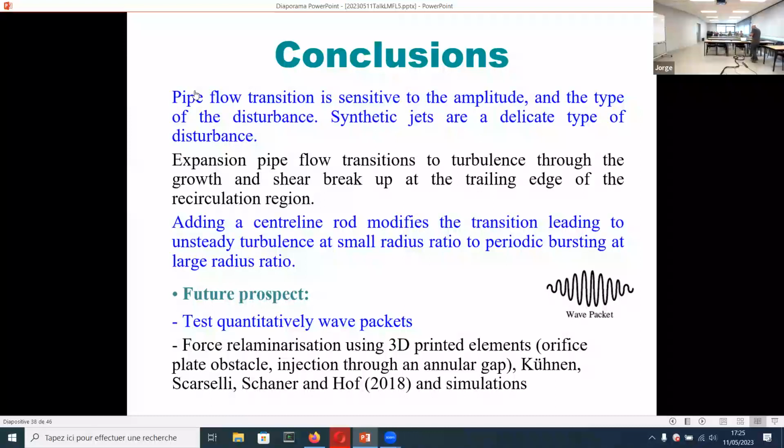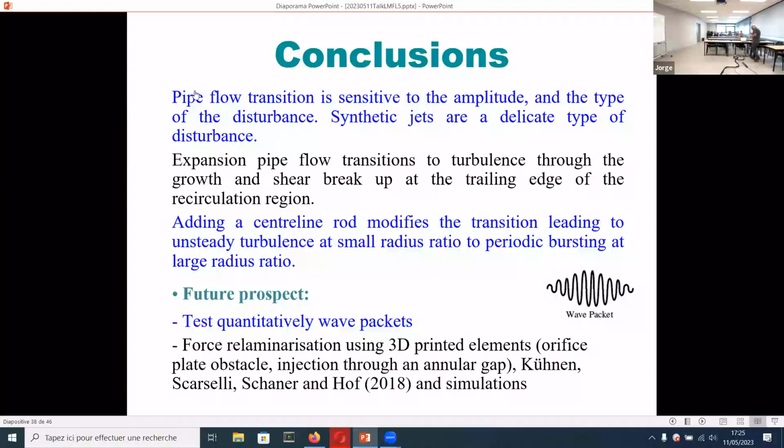So adding a centerline rod changes the transition and can give you different types of turbulence. In the future, we will continue to work on the synthetic jet, trying to quantify the different types of wave packet, wave numbers, to see if we can find some response that is more appropriate.